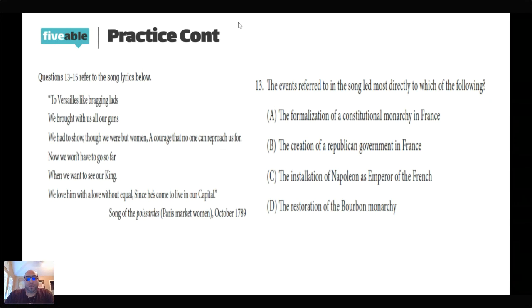So with this, we have A, the formalization of a constitutional monarchy, B, the creation of a republican government in France, C, the installation of Napoleon as emperor of the French, and D, the restoration of the monarchy. So quickly type it on the right. Which 2 would you mark off automatically that don't fit this time period?